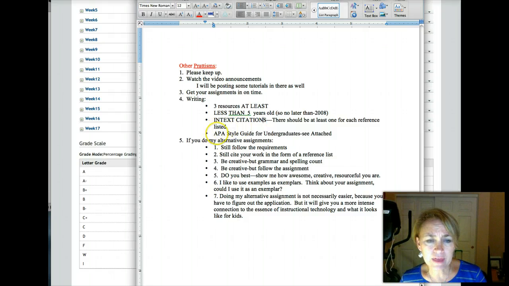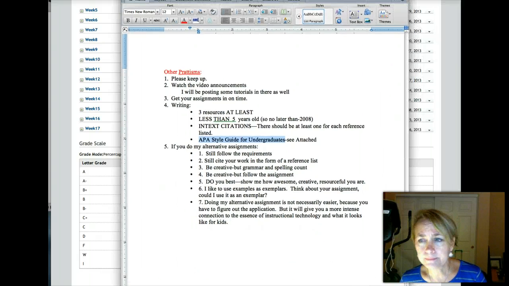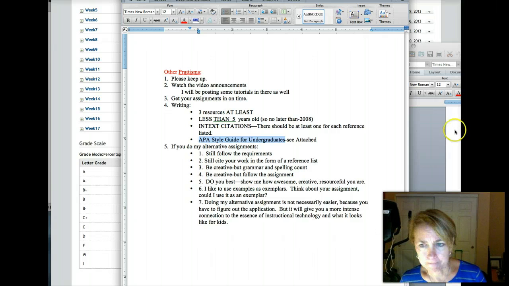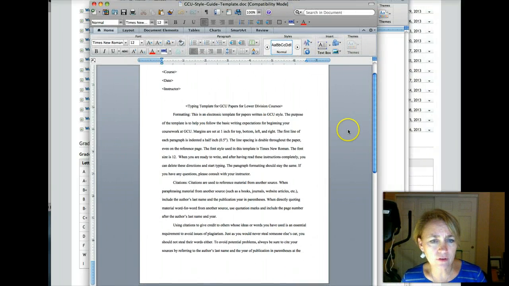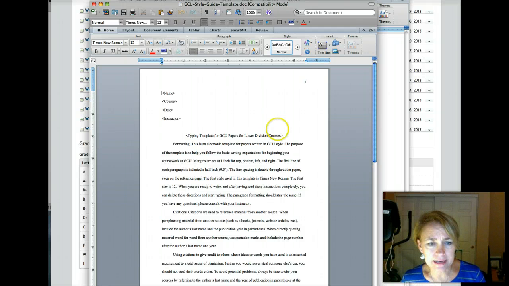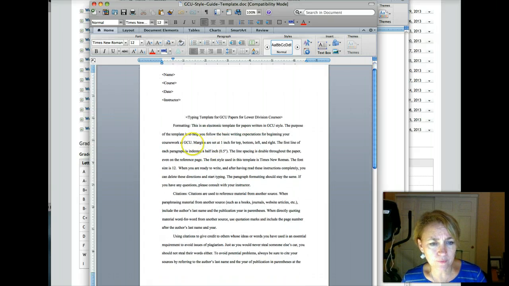And then, the APA style for undergraduates, I'm going to also attach, let me see where it is. Oh, here it is. This is the GCU 200 level course style guide. And so I'm going to attach this as well. So just read this, and it tells you what the template is.